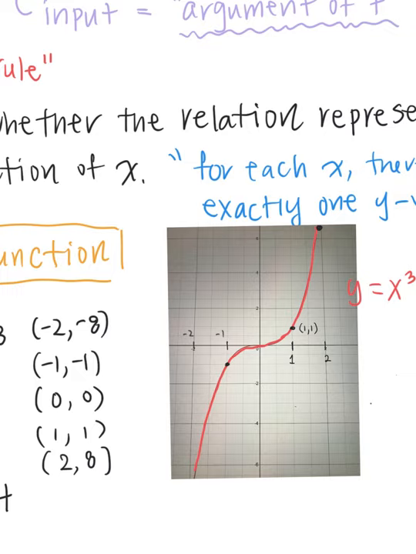And similarly for when X is -2, where's the Y value? Well, the Y value is going to be down here somewhere. So notice that again, when X is -2, there is exactly one Y value, which is -8 in this case.